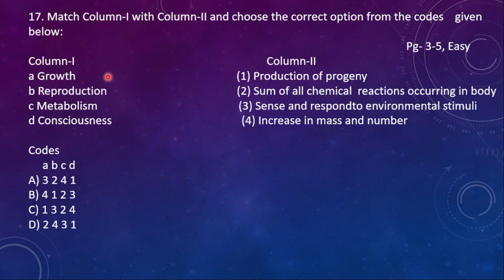So here growth is what? Increase in mass and number. So growth is 4, means A is 4. Yes, A is for B, option C. So within a second we can get the right answer.